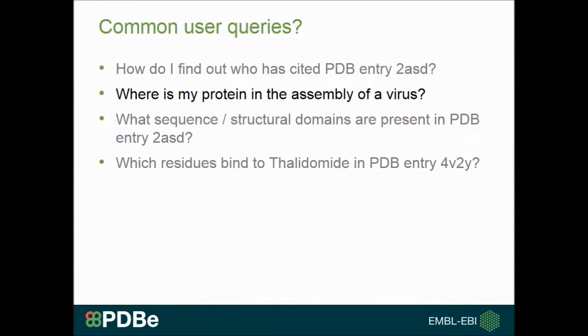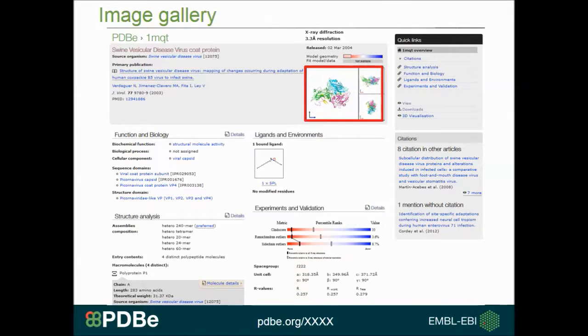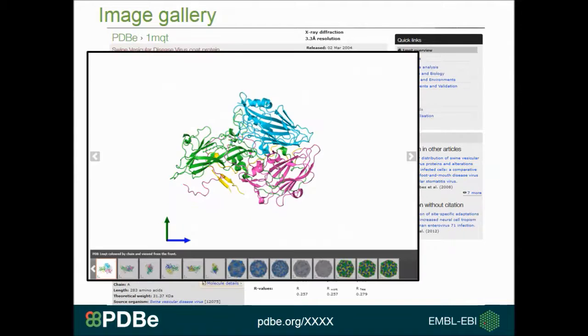The next question we have is: where is my protein in the assembly of a virus? So looking at the standard image gallery we have here highlighted in red, this shows the deposited coordinates with every chain coloured a different colour. If we click on this, we get presented with a lightbox with a lot of the images produced for this entry.